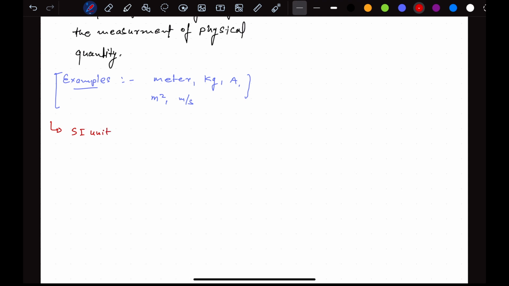So SI units or SI unit system. So SI unit system is the system of units that is internationally accepted.